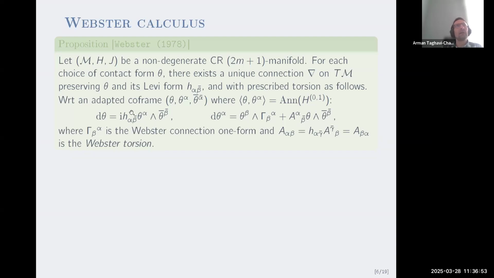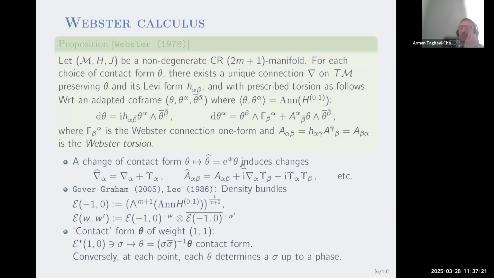I can raise and lower indices using this Levi form, but when I do so, I change the type. For instance, here I have A alpha upstairs, beta bar downstairs. If I lower the indices, this should be the complex conjugate, I guess. So then I have a change of index type.